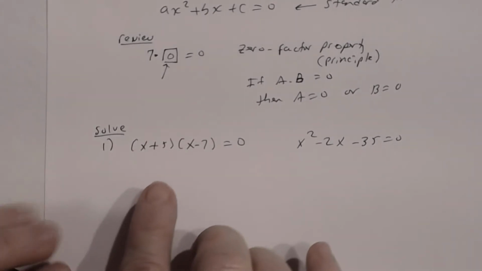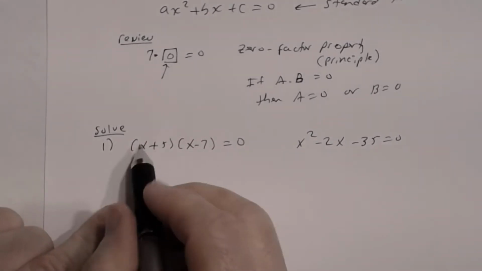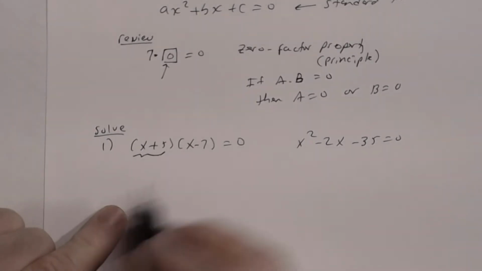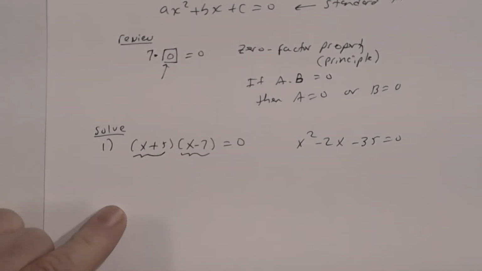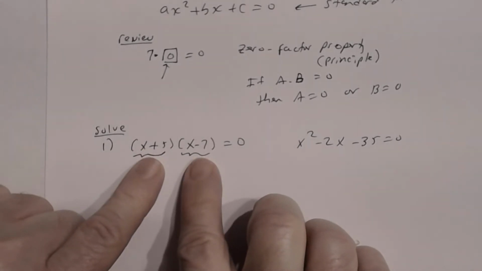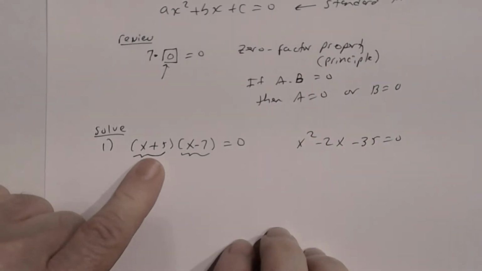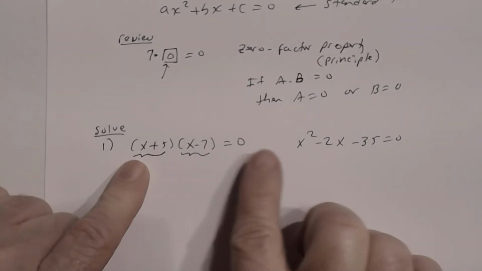But I want you to notice something. How many factors do you see? You see two factors. You see this one, x plus 5, and you see this one, x minus 7. So if you're told that these two factors have a product that's 0, then according to the zero factor principle, one of them has to be 0.